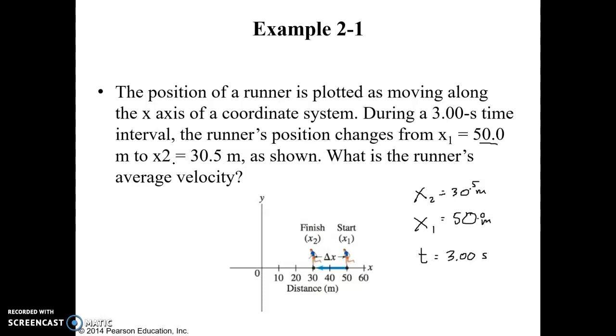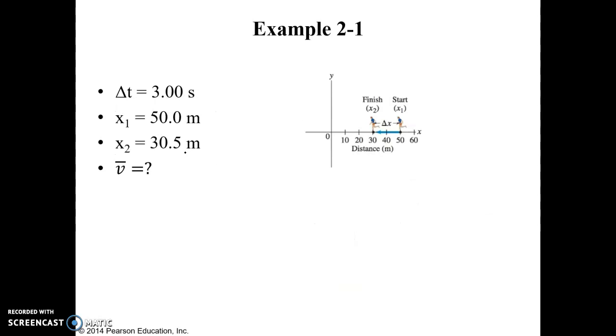When you're given a problem in paragraph form like this, I like to write out the variables in a list where it's easier to see what they are. Let's move on to the next slide. I've got that typed out here. x2 is 30.5, x1 is 50, time is 3.00. What is the average velocity?